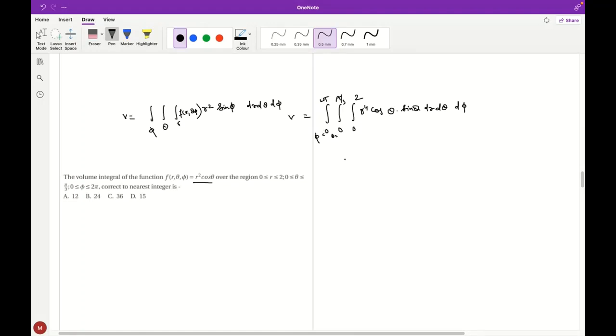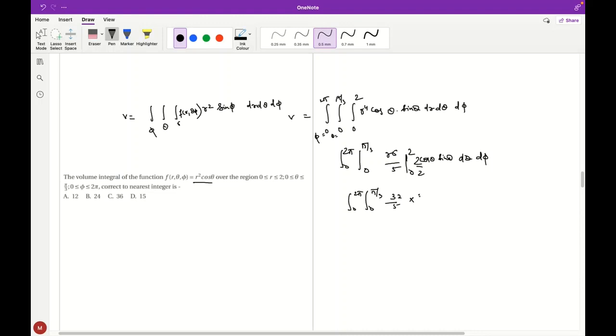So we will solve, first integrating with respect to r. Applying the limit, we will get 32 upon 5, and multiply by 2 and divide by 2.